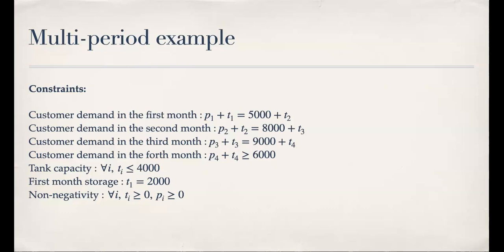Okay, we move to the second constraint: P2 plus T2 equals 8,000, which is the demand for the second month, plus T3. T3 is the oil in the tank at the beginning of the third month.